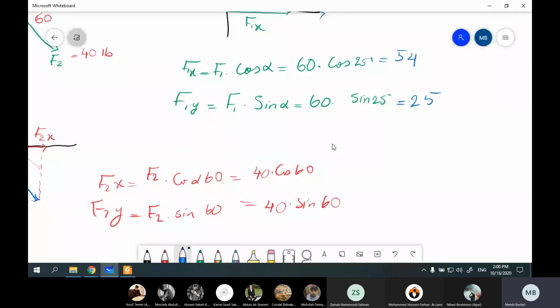For this one, we have 40 dot cosine of 60, and 40 dot sine of 60. All of them are in pound. And for the last one, we have 50 dot sine of 50.